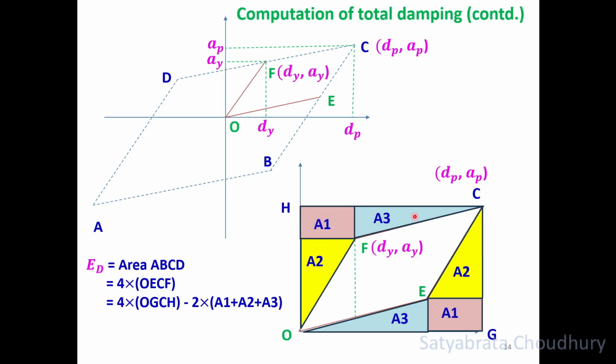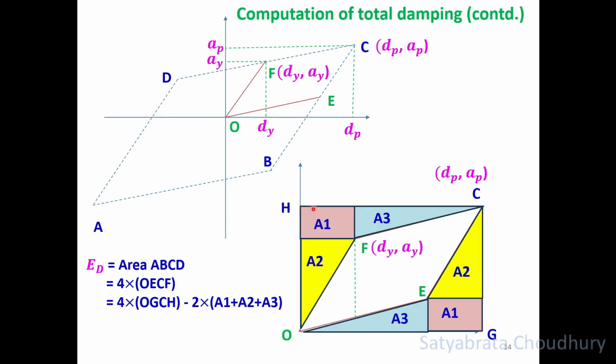Now if we look at the rectangle, we have taken extra area beyond the original parallelogram, which are A1 here, equal to A1 at the bottom, the A2 triangle here, equal to the A2 triangle there, and the A3 triangle shown by bluish color at the top, and the A3 triangle shown by the bluish color at the bottom.